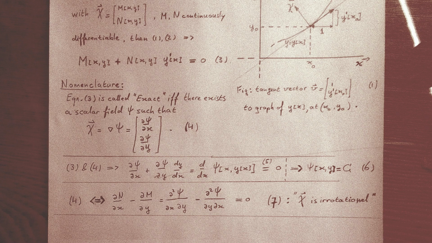From a course on calculus you may remember that, on an open, simply connected region, relation 7 provides a sufficient condition for a scalar field psi to exist, such that the vector field chi is the gradient of it. Hence, we can state that the differential equation 3 is exact if and only if the vector field chi is irrotational, in the two-dimensional sense.